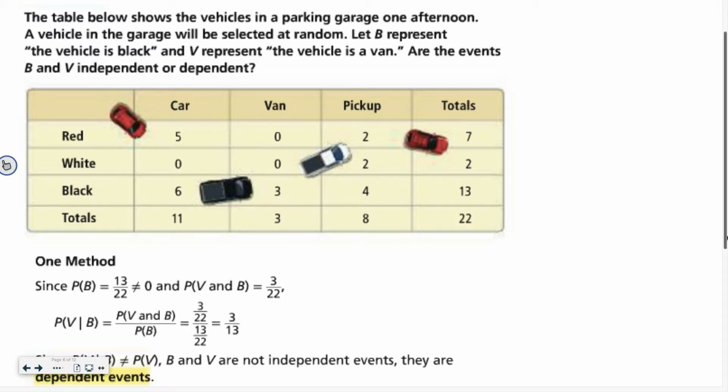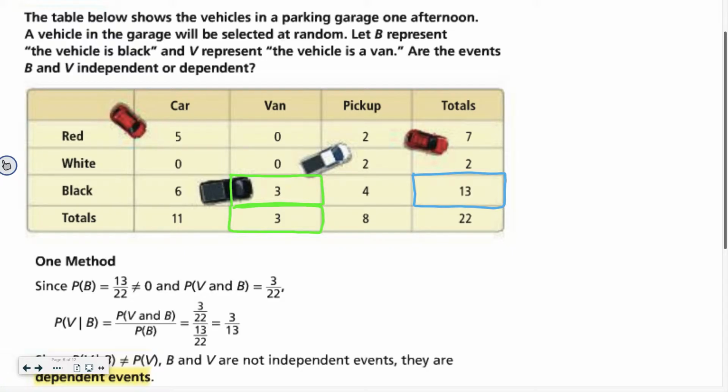So if we look, there are a couple different ways you can solve this. First, let's look at how many vehicles are black. We have a total of 13 vehicles that are black. And for vans, we have a total of 3. And if you look, those 3 vans are black.